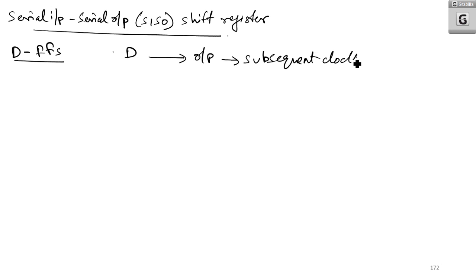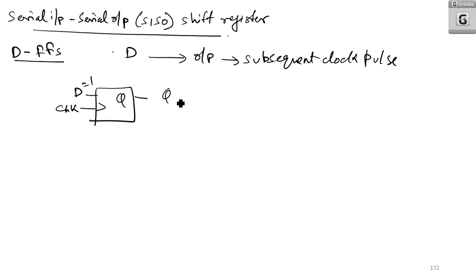Suppose D is equal to 1 and you make the clock 1, you will get the output Q equal to D. If initially Q is equal to 0, then it will be made Q equal to 1. So that property of D flip-flop can be applied in shift registers.